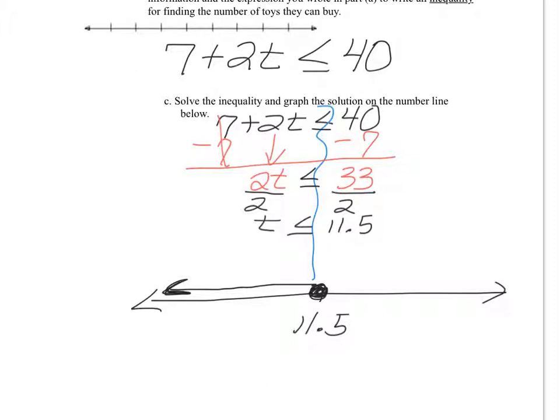No. So I would actually have to buy 11 toys because 12 toys I don't have enough money. Okay, so really I can buy less than that, because I can't buy half a toy. So 11.5 toys would be exactly $40, but I can't buy half a toy. So I could buy 11 toys, I could buy 10 toys, 9 toys, 8 toys. So just so that you know that.